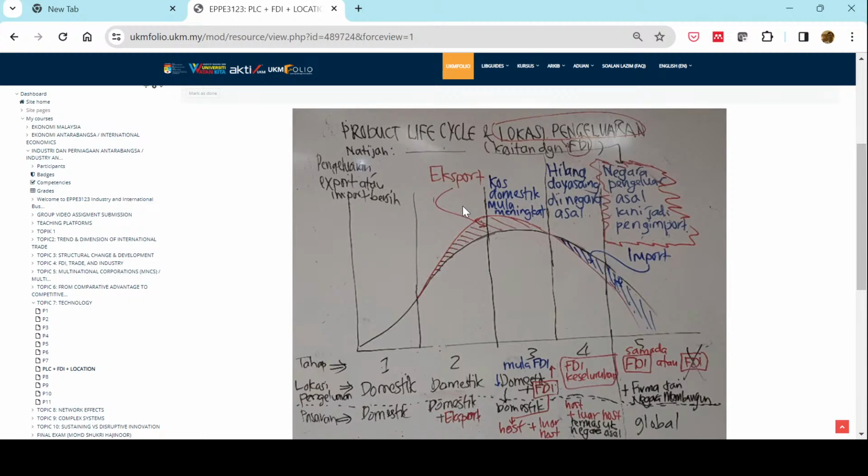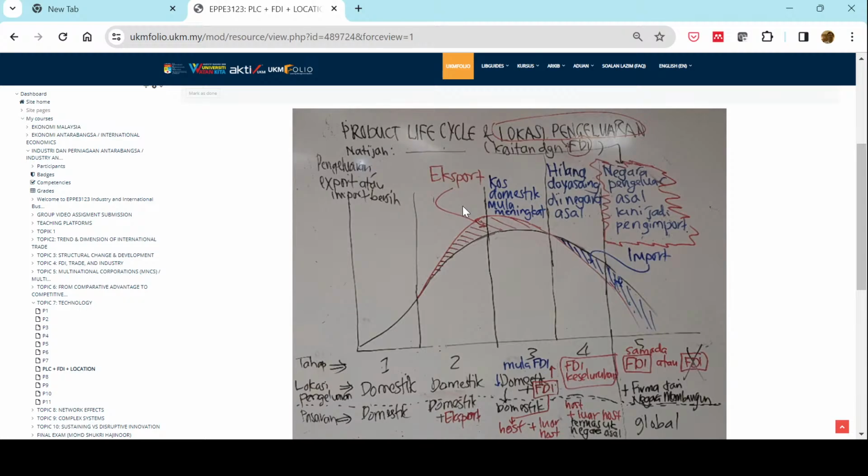So it began already in stage 4, but fully in stage 5. The country that was the original producer of that product now becomes an importer.